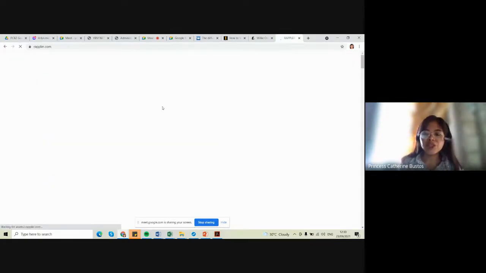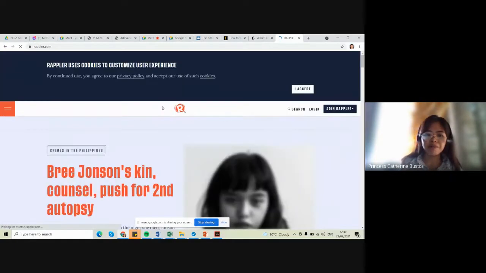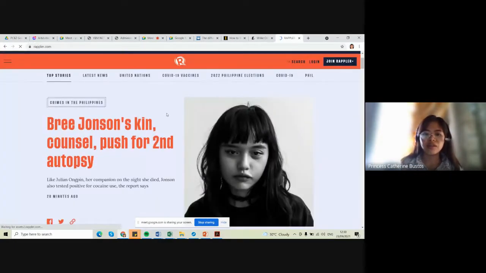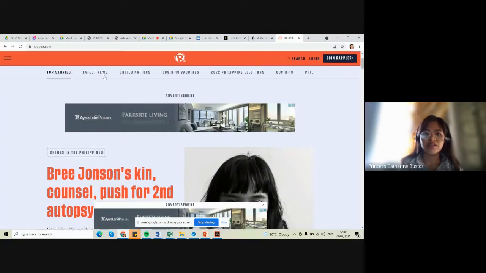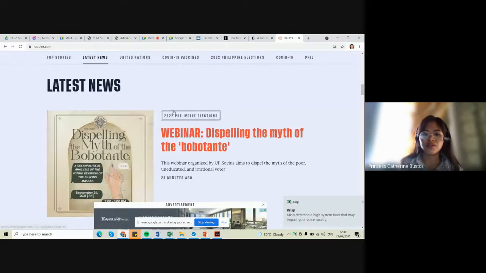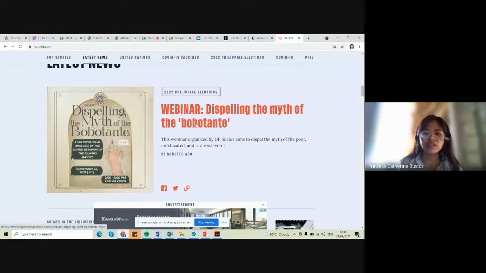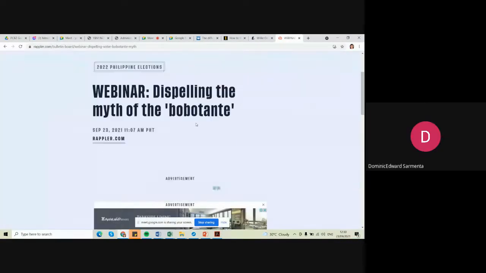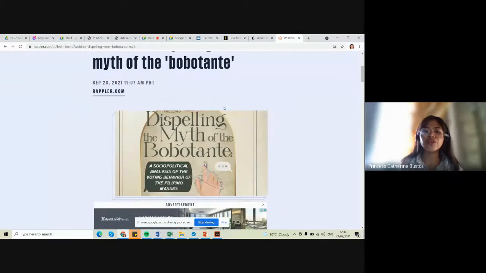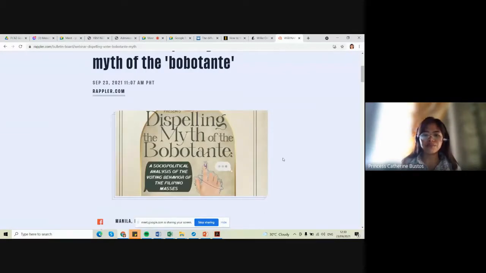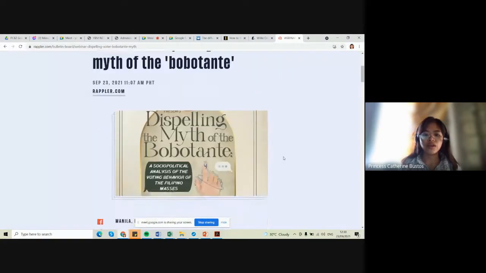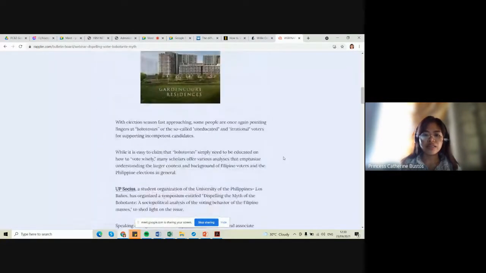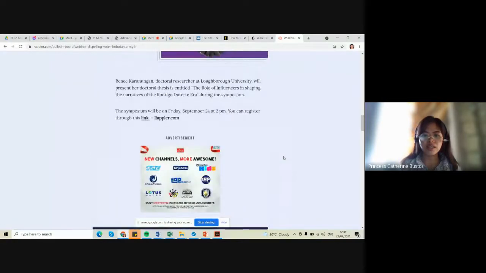What is the first information that we need to include in our newspaper? Let's have the latest news. Anyone? What is the first thing that you have to include? The author. Let's have this as an example. We have this article. Who is our author? Is it indicated here? Let's see if it's at the end.